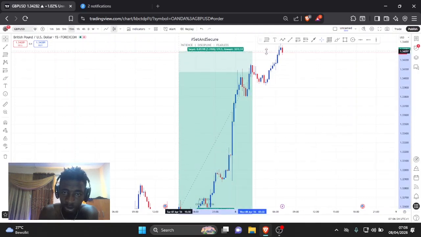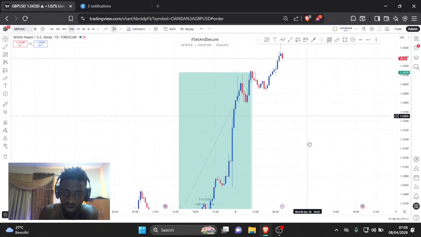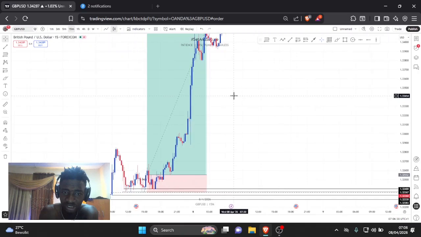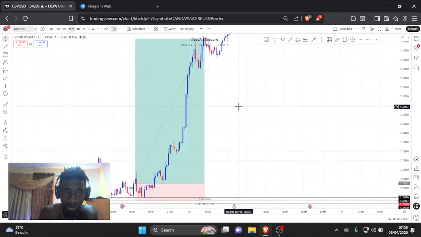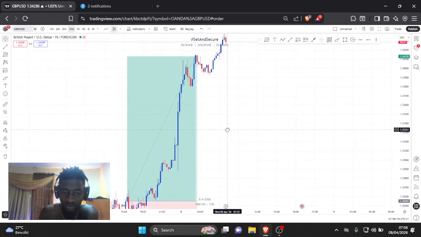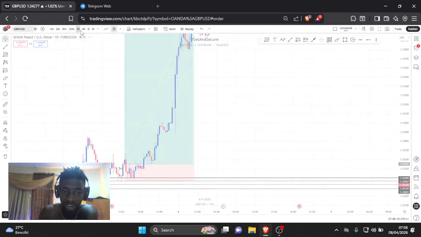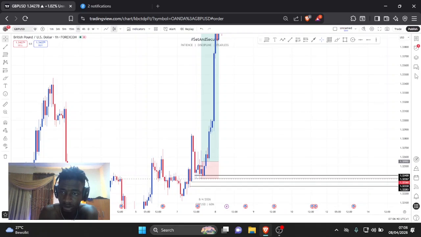This would have been a lot of money. Man, lately GBP has been moving aggressively around midnight. I don't know what's happening. It's been moving crazily aggressively.